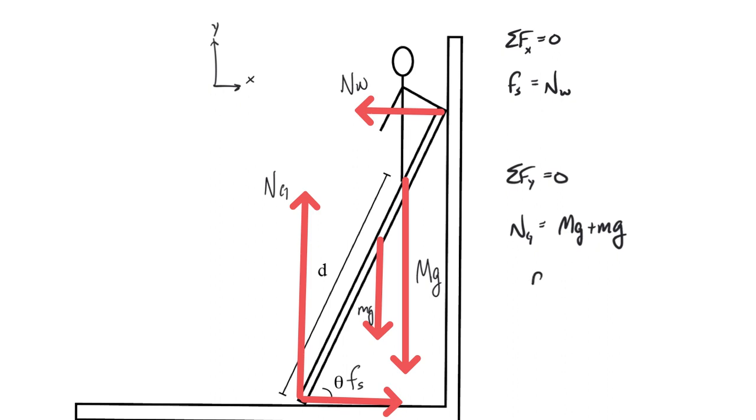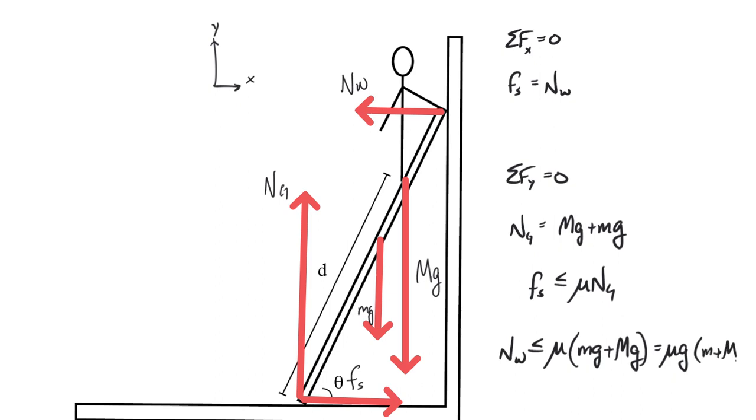That all good? So then I will say the static friction has to be less than or equal to mu times the normal force from the ground. Right, these are all the things we did first semester, nothing new yet. So doing some subbing into this, I'll get normal force from the wall has to be less than or equal to mu times Mg plus mg, or mu g times M plus m.